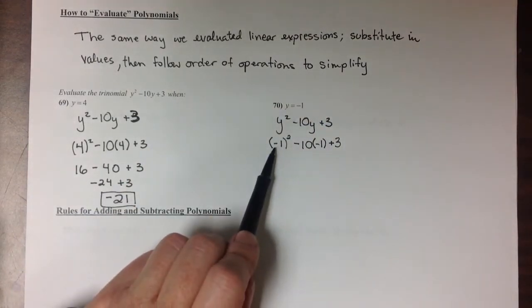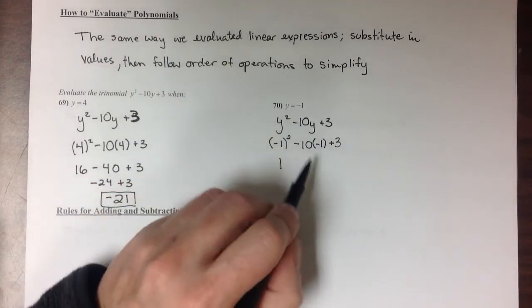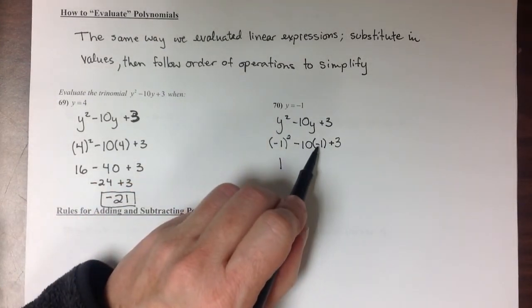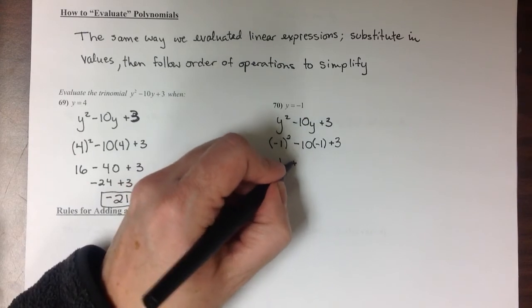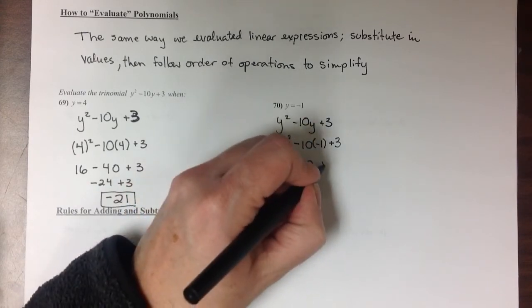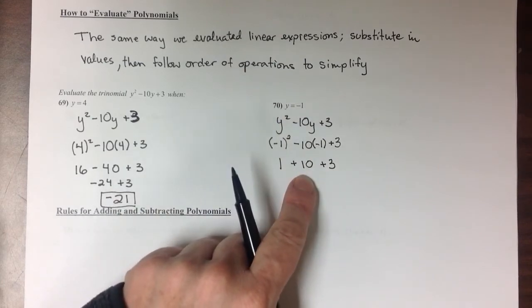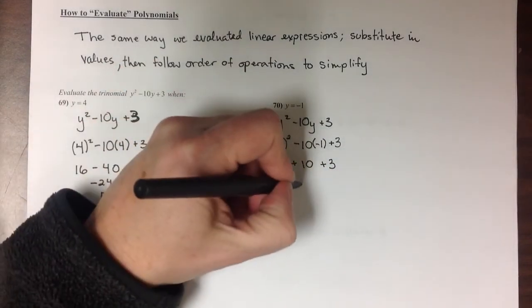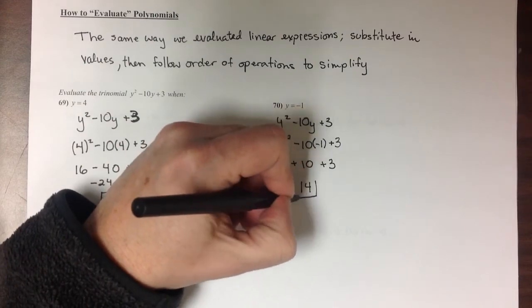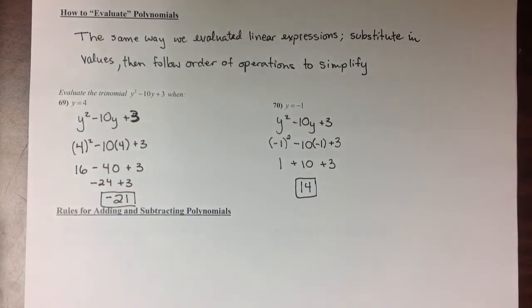When I square a negative 1, it becomes positive 1. A negative 10 times a negative 1 is going to give me a positive 10 plus 3 more. 1 plus 10 is 11, plus 3 more gives me a final answer of 14.